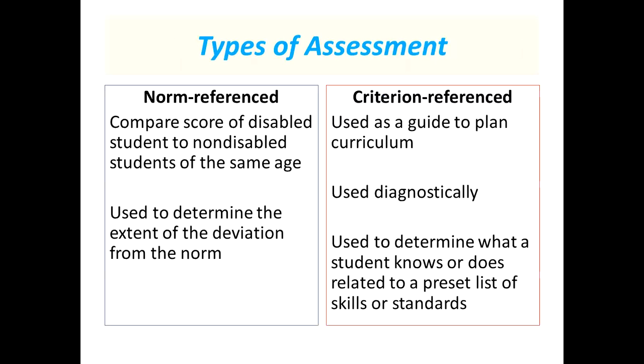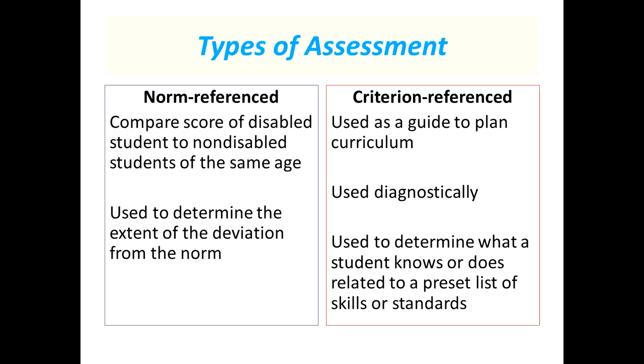First, norm referenced versus criterion referenced. Norm referenced makes you think of the mean, the mode, the median. It makes you think of stanines. Norm referenced means we're comparing our disabled students to non-disabled students of the same age. This is the PASA, norm referenced. It's used to determine the extent of the deviation from the normal population.